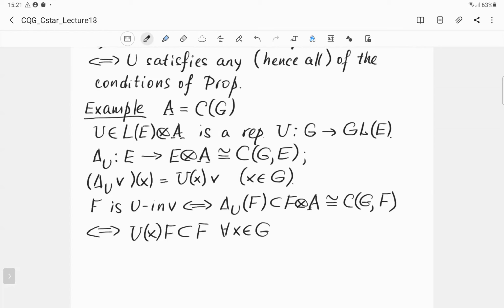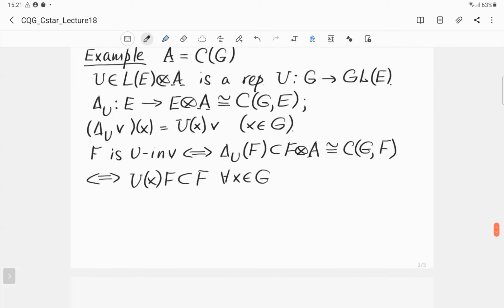Okay, now let's observe that in fact this inclusion is an equality, for the simple reason that we can replace here x by x inverse. And this equality leads directly to the notion of subrepresentation.